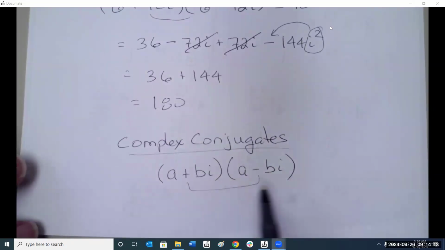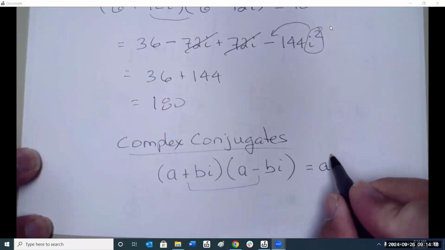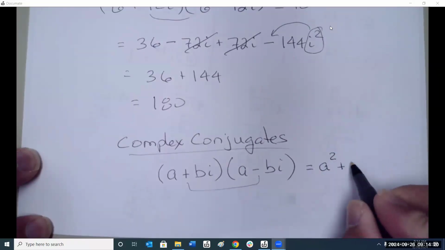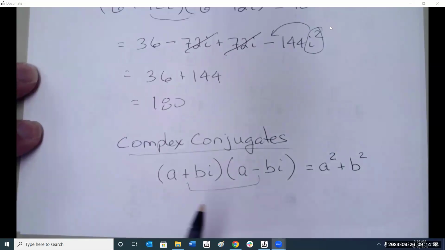Whenever you have a complex conjugate, the answer will always be the square of the first number plus the square of the second number. It's always going to be that.